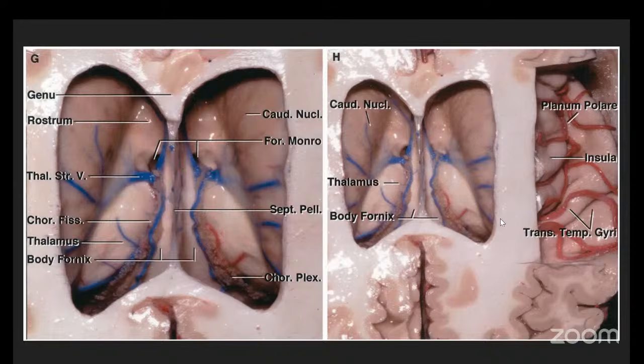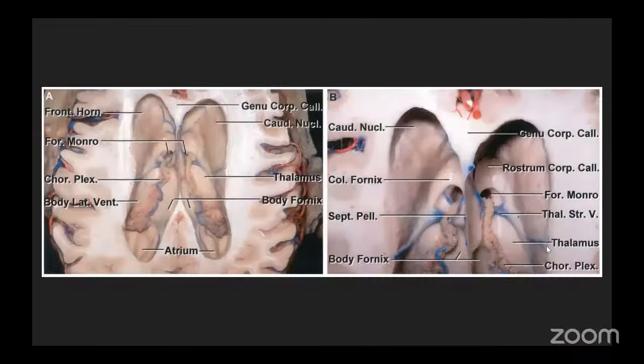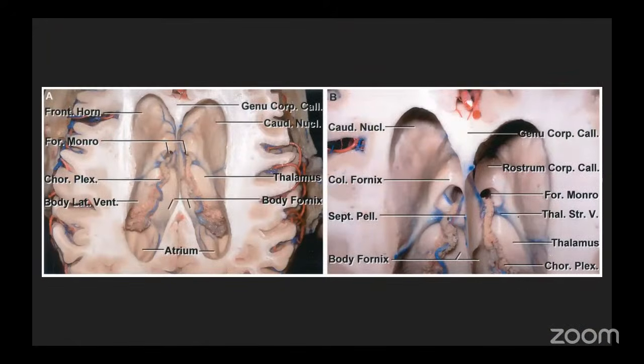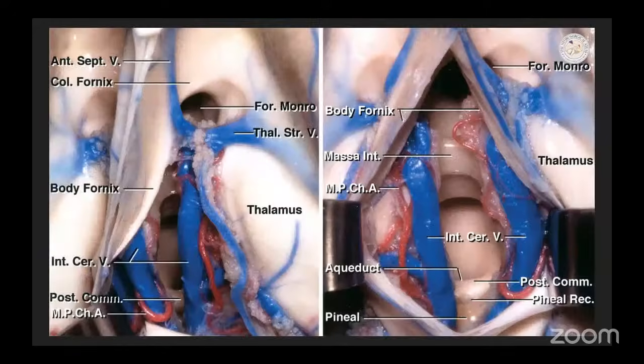So what is going to happen if I split the septum pellucidum? What else am I going to split as well? Fornix. Fornix, that's right. That is why you see two fornices here. The body of the fornix has been split open. This is an interfornical approach.